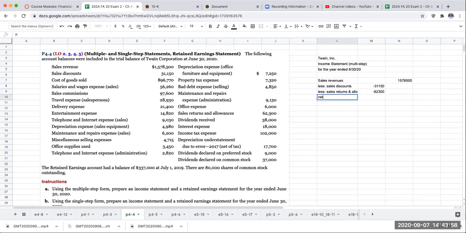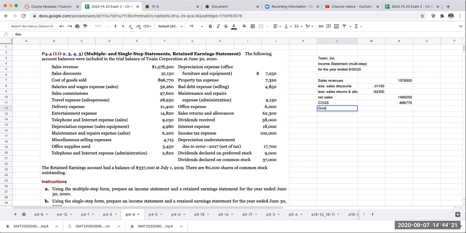So my net sales is going to be my sales revenues, less the sales discounts, less the sales returns and allowances. From net sales, I'm going to subtract out my cost of goods sold. That amount here is $896,770.